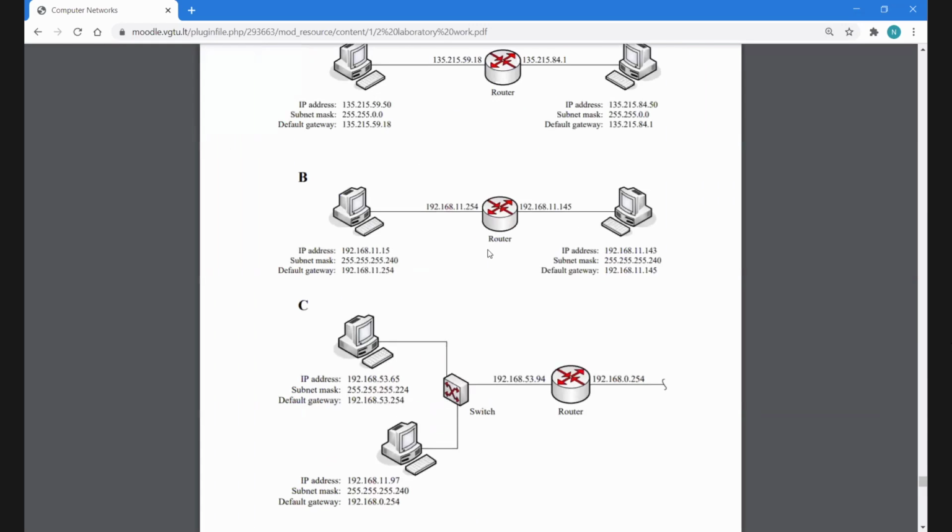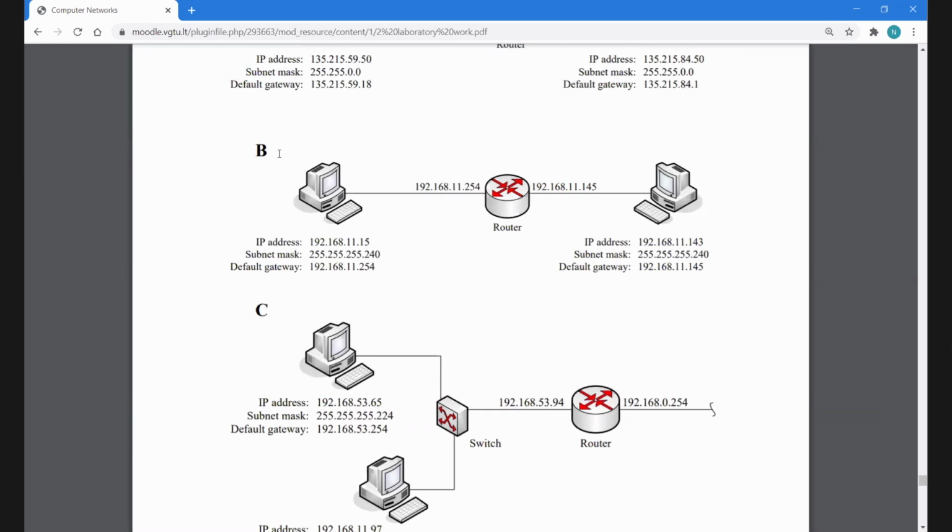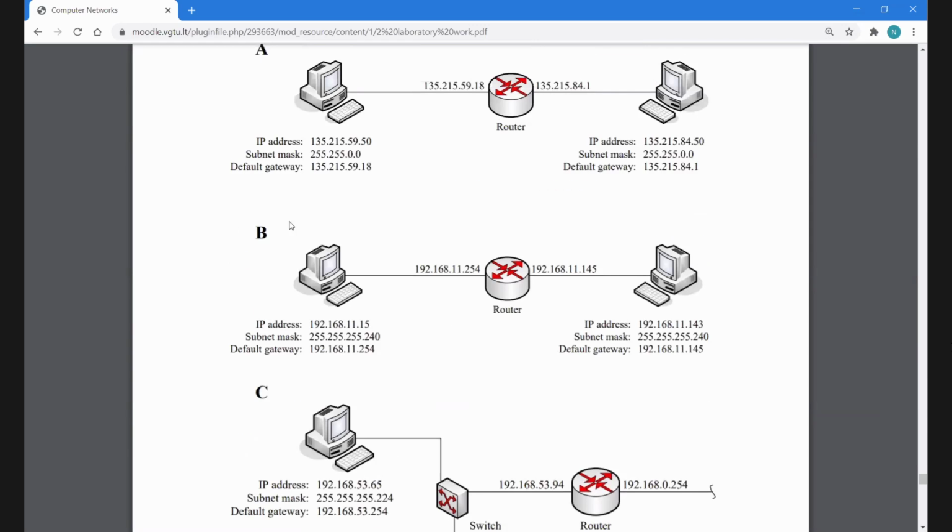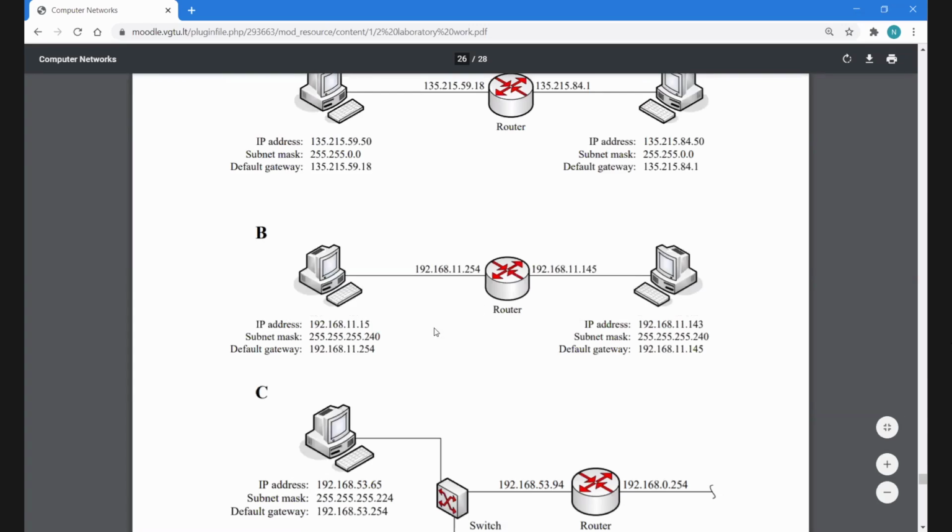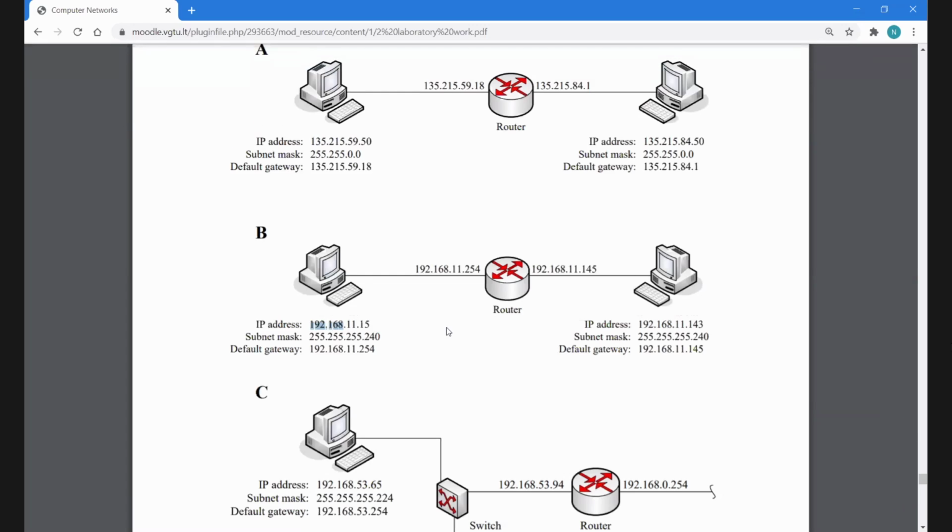For example, you see here two computers connected with a router, and we have some IP addresses, and you need to find some problems. What is bad in this connection? What is bad in the IP addressing? So you need to be very good at this, because during the defense I will give many tasks related to the second laboratory.